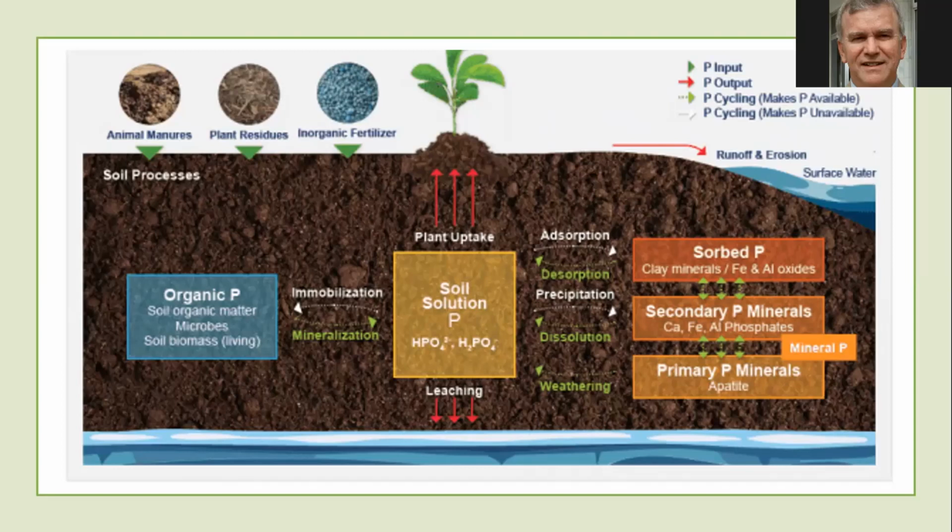So let's come back now to our soil in our field, these orthophosphates, and where do these orthophosphates come from? On the right-hand side, you'll see three rectangular boxes there. The bottom two are the mineral forms of phosphorus. So you have at the bottom apatite, which is the geological form of rock, which contains the phosphates.